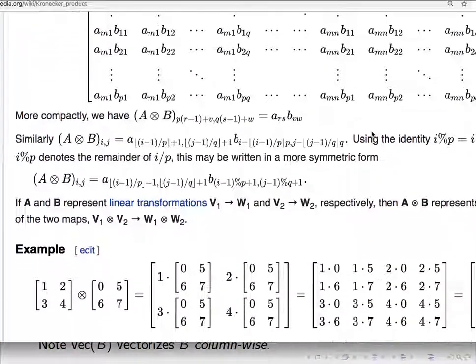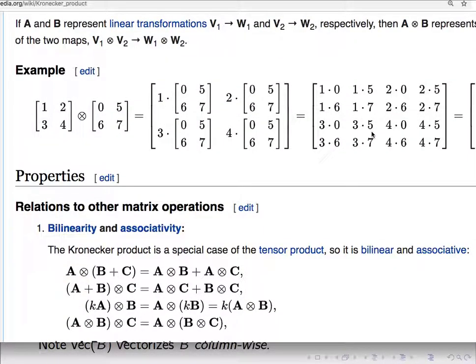This is one example of a Kronecker product. Basically, you use 1 multiplied by this matrix, 2 multiplied by this matrix, 3 by this matrix, and 4 by this matrix. So this 2 by 2 matrix Kronecker product with a 2 by 2 matrix will end up with a 4 by 4 matrix.